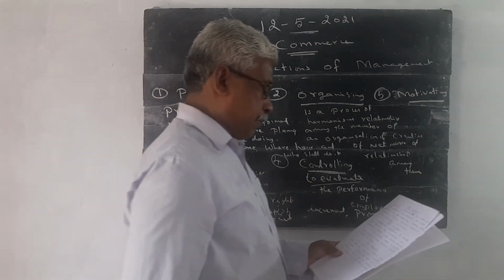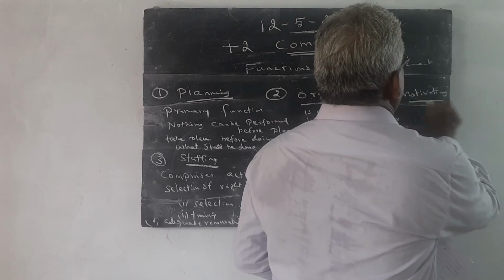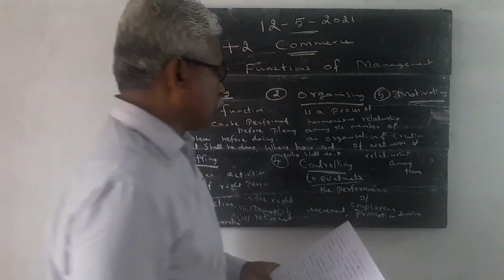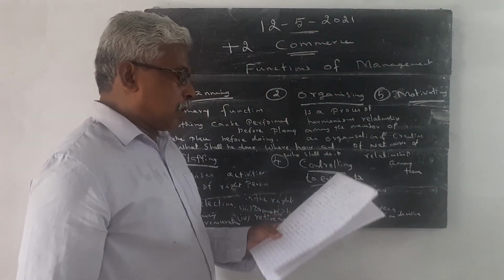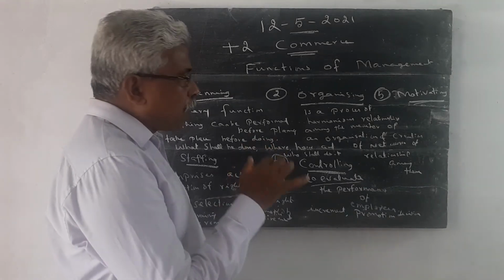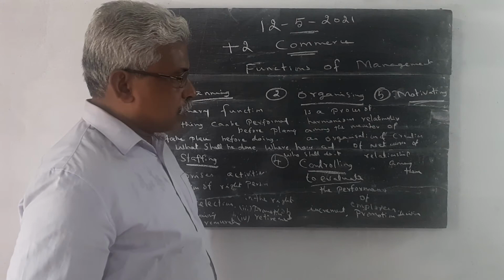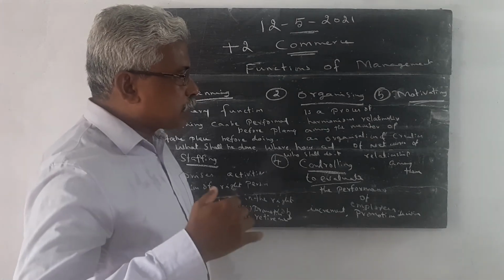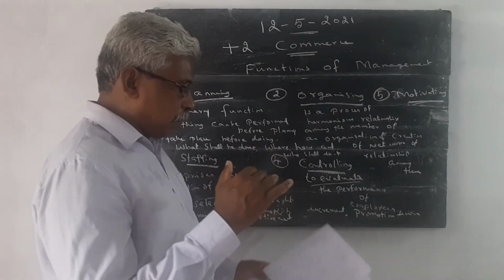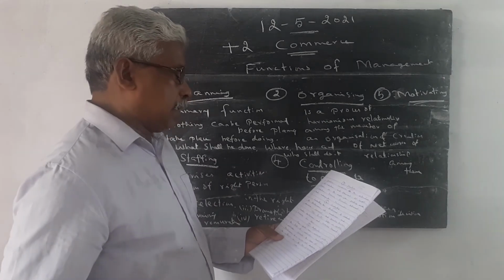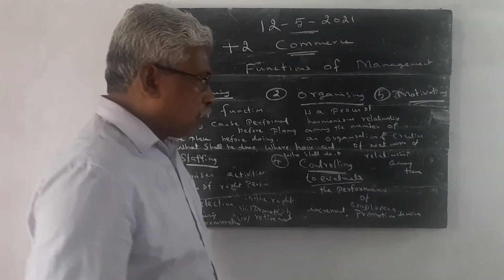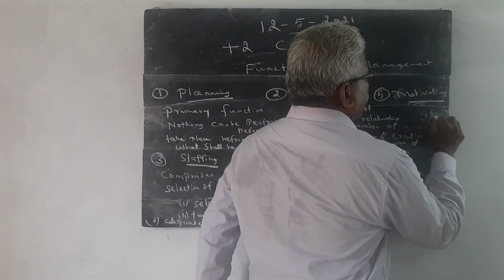Then motivation. Motivation is another function of management. The main aim of the organization is to achieve the goal. So, for the purpose of achieving the goal, the management has to motivate the employees.